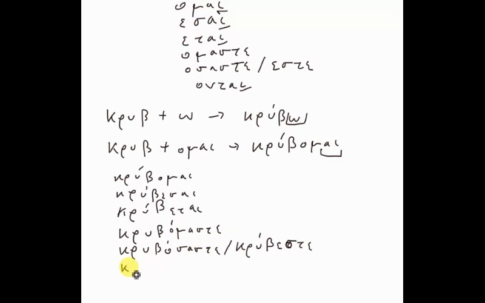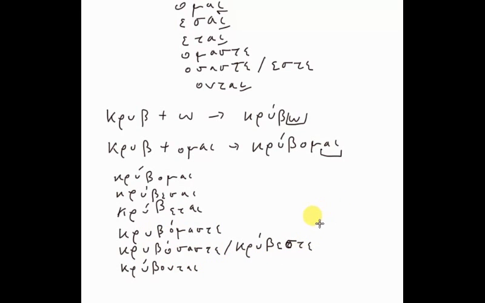And then the last one is krivonde. Alpha iota is short, as we said, as all these. Accent goes on the antepenult. So all of these endings are short. So krivome, krivese, krivete, krivomaste, krivosaste or kriveste, krivonde. So I'm hiding, you're hiding, he's hiding, she's hiding, whatever. We are hiding, you guys are hiding, they're hiding.